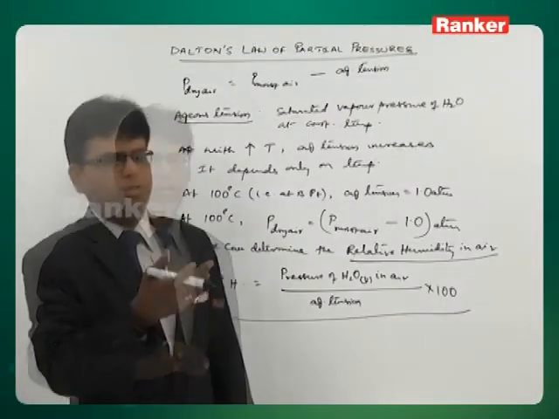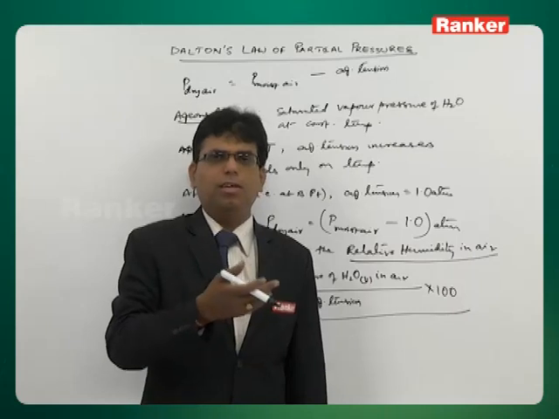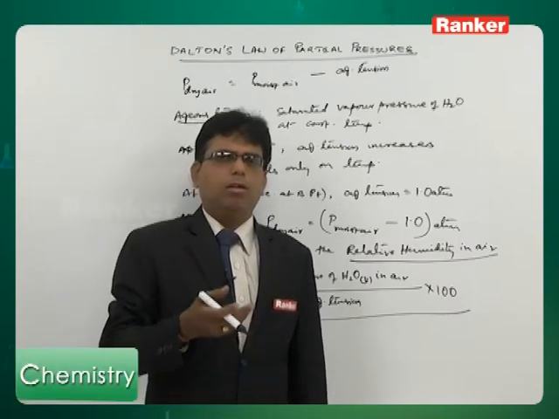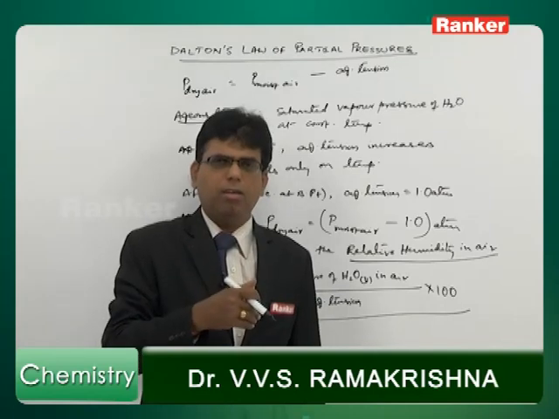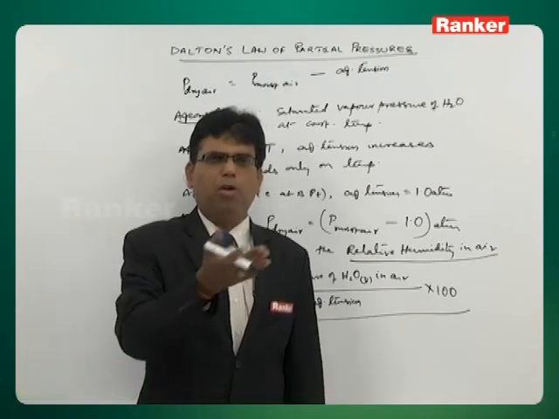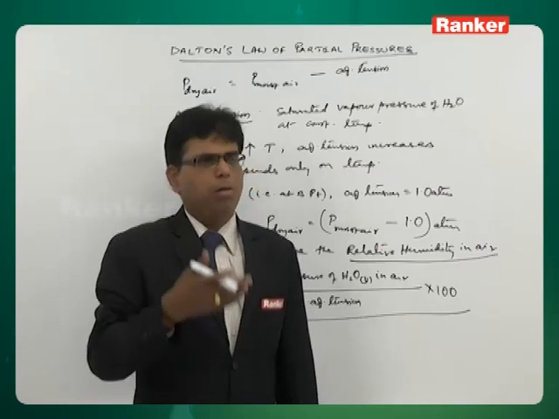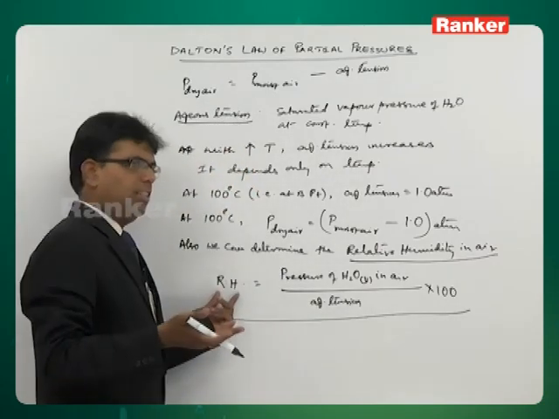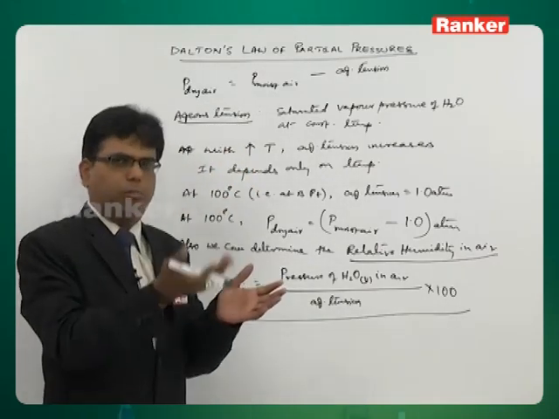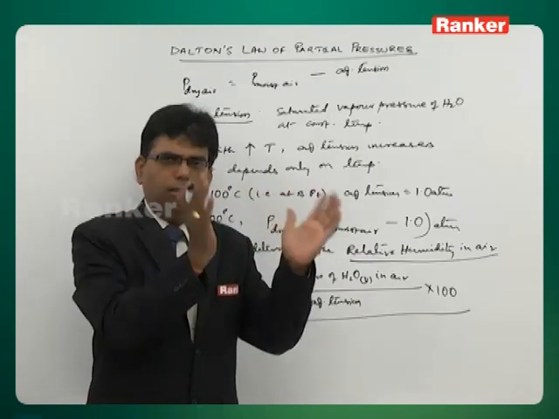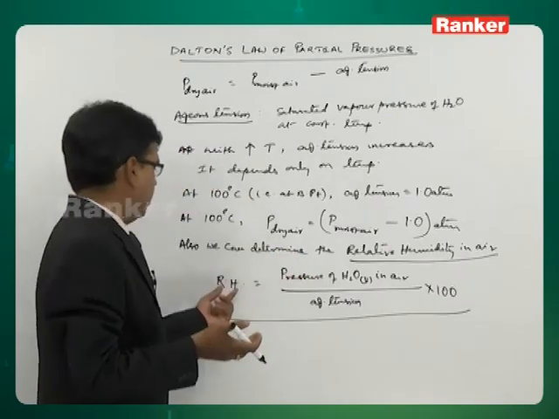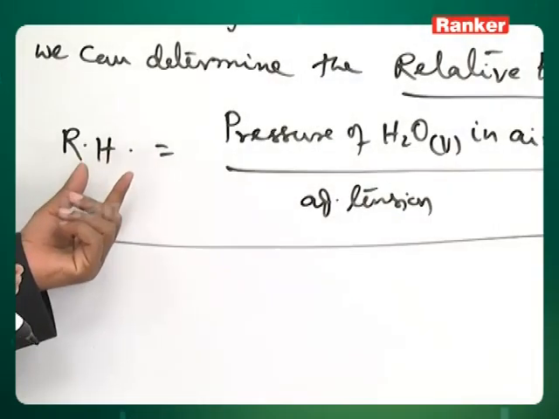Relative humidity, which we regularly listen in the weather reports, is nothing but which gives us the percentage of moisture in the air. Relative humidity means percentage of water in the total air.